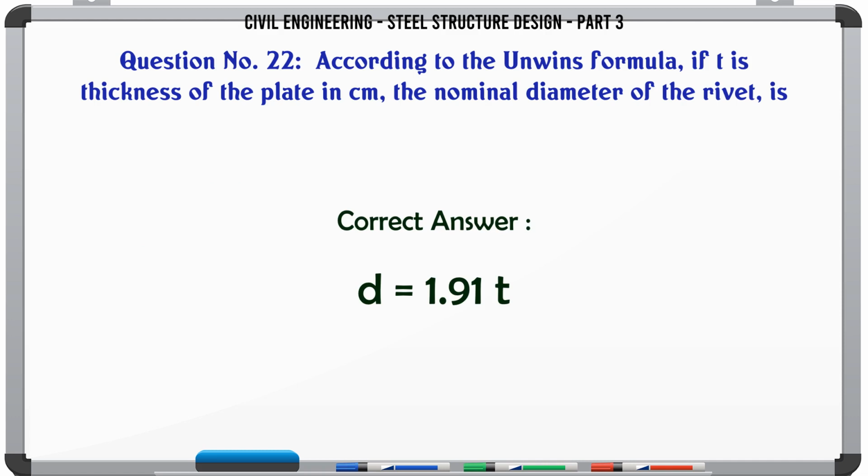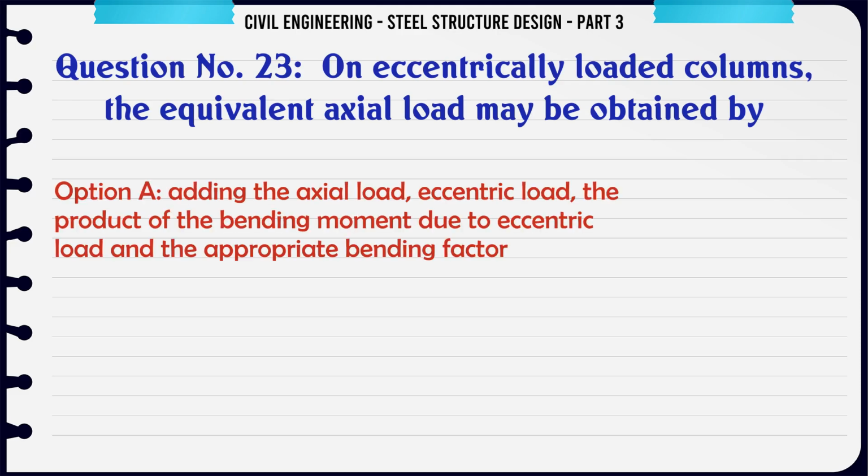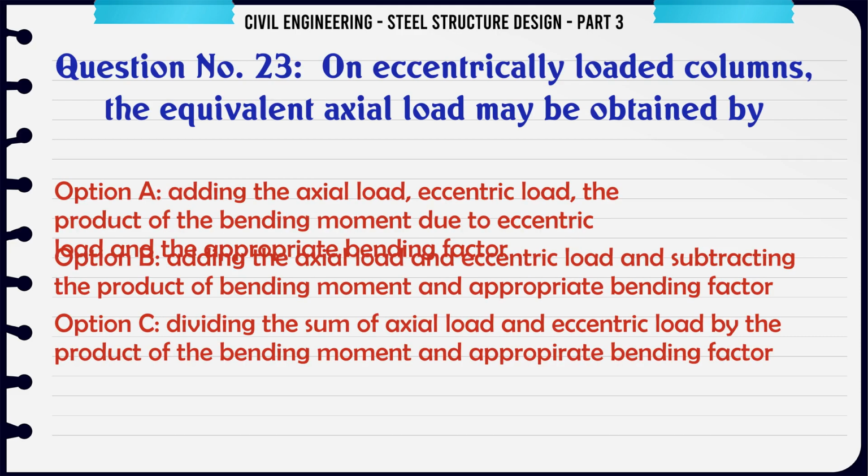1.91 √T. On eccentrically loaded columns, the equivalent axial load may be obtained by A. Adding the axial load, eccentric load, and the product of the bending moment due to eccentric load and the appropriate bending factor. B. Adding the axial load and eccentric load and subtracting the product of bending moment and appropriate bending factor.